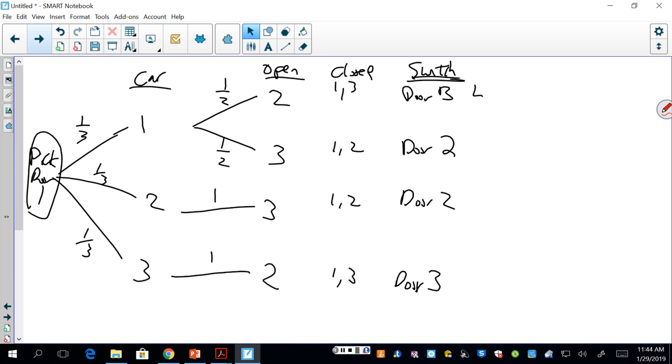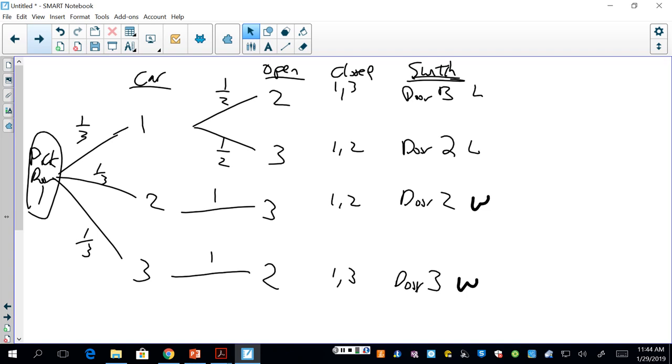And this one, if you switch to door 2, that would also lose for you. If you pick door 1, the car is on 2, and now you switch to door 2, this would be a winning situation. You picked 1 and it was at 3, and now you switch to 3, so this would win for you. So there's 2 wins and 2 losses.